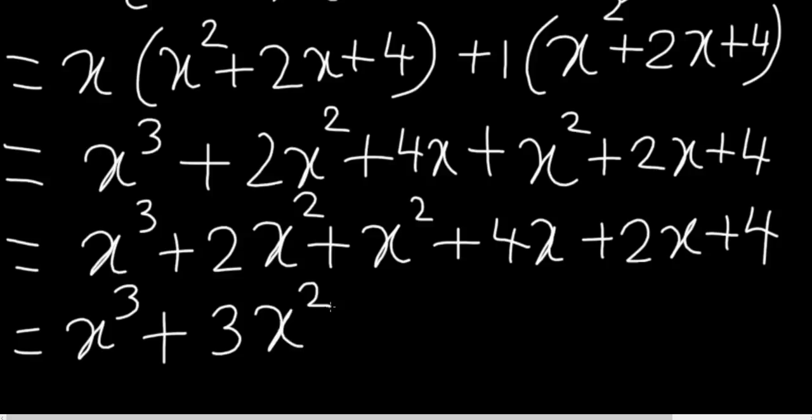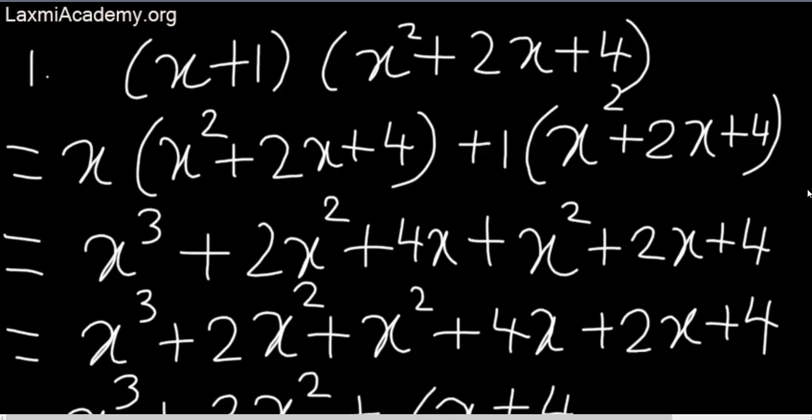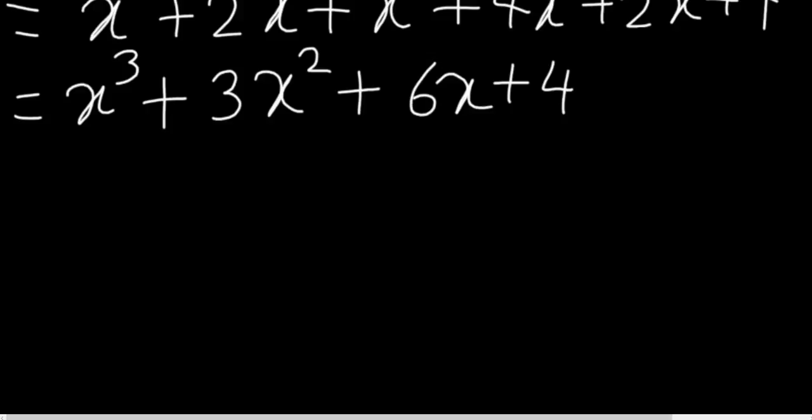When you're adding like terms, you're just adding the coefficients, 2 plus 1, and the variable and exponent remain the same. So 4x plus 2x is 6x plus 4, and this is in decreasing order, so we don't have to do anything. The answer is correct, but there are so many steps to do it. How about just writing the answer directly? Let's see how to do it.